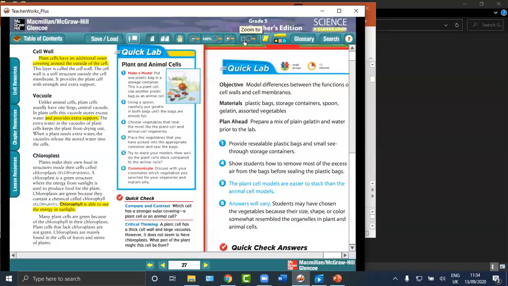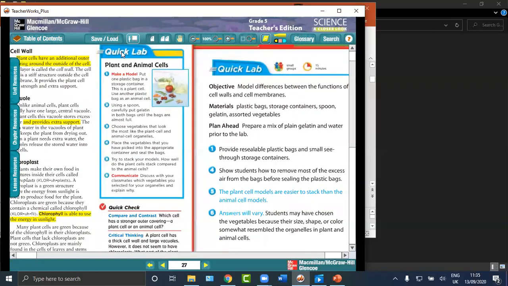Here is the big difference between animal cells and plant cells. Plant cells can make their own food by themselves, but the animals, can they or not? No, they can't. They eat other animals or they eat plants. Now we have finished this part.